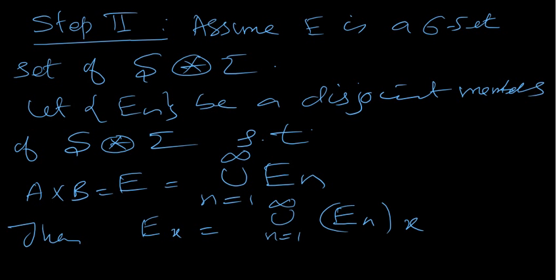In the first step, we have seen that if E is a member of S tensor sigma, then Ex is measurable, and here En is a member of S tensor sigma, therefore Enx is measurable, and the union of measurable sets is measurable.